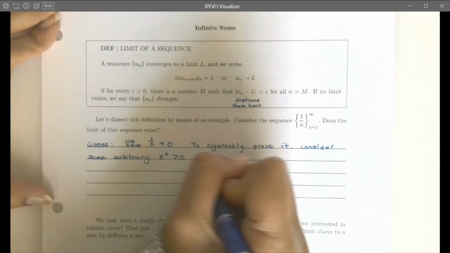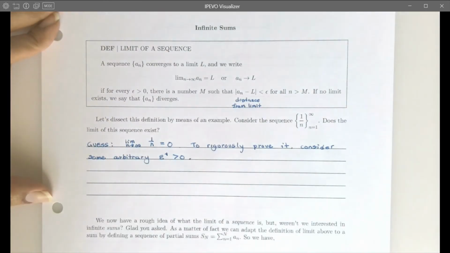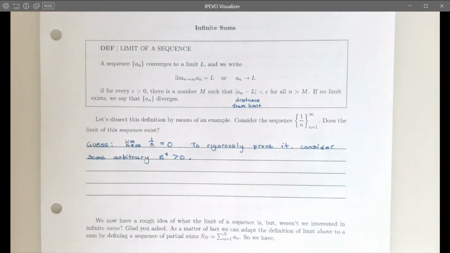Okay. And what happens when we consider the distance between a sub n and the limit L?